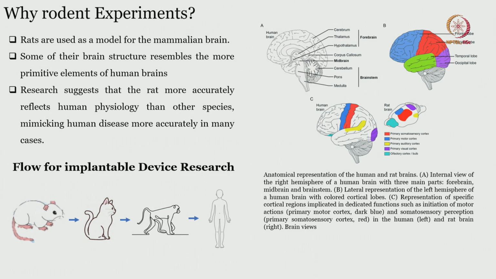Okay. So, the flow for implantable device research starts from the rat. Now, more or less a cat is not allowed for research, but guinea pigs and rabbits are allowed. We go for non-human primates, and finally, we go for the human studies. There is a flow for implantable device research.